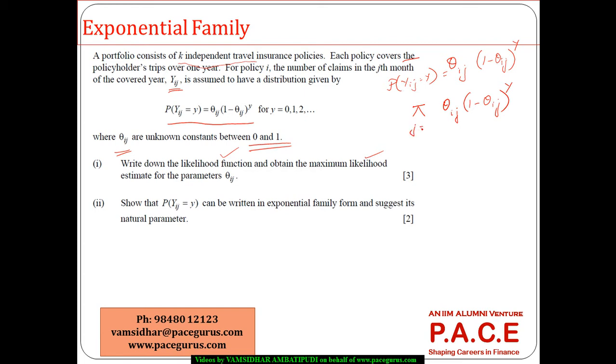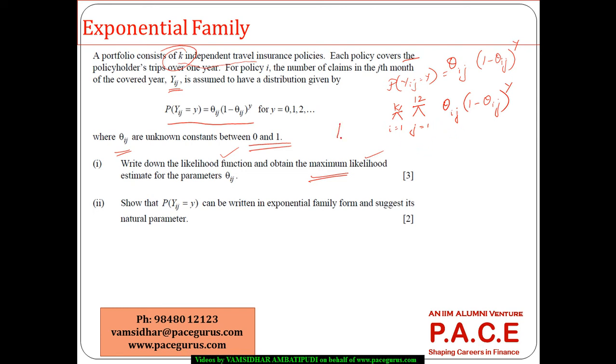So I have to multiply it over the months 1 to 12, and over the risks 1 to k, for each risk, because there are k independent policies. So for each risk, for each month, this becomes my likelihood function. And we want to obtain the maximum likelihood estimate for theta.